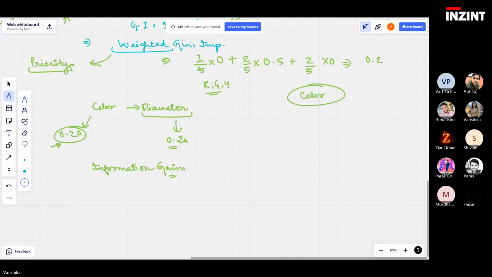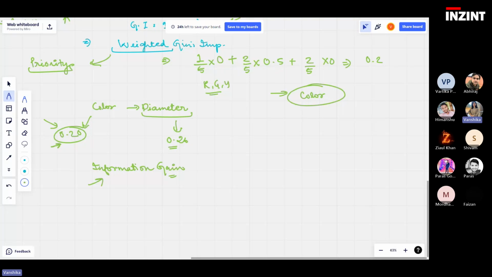So information gain, just like impurity. Whenever we calculate impurity, we choose the feature which has minimum impurity. Information gain is used to select which part of the feature should be used to ask the question in the decision node, whether to split based upon red, green, or yellow.